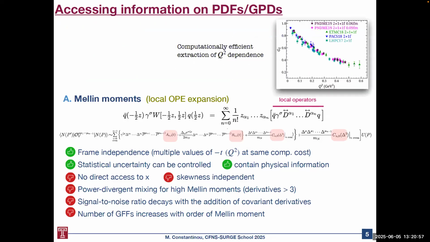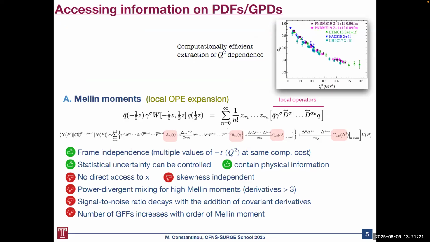So even though it's great, I can get this: this is the electric form factor of the proton. You see all of these data points extracted from the lattice, and these correspond to different momentum transfer. When I say momentum transfer, I mean the momentum difference between the two external states of your matrix elements.